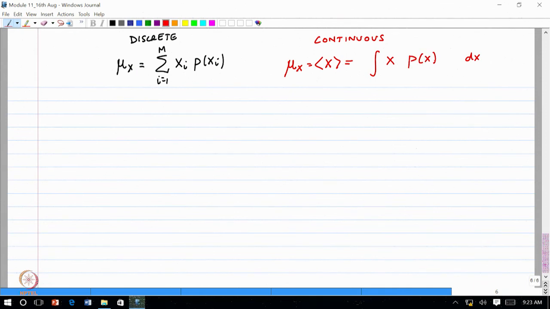Now this is the continuous version of probability, and this is called the probability distribution function, or probability density.